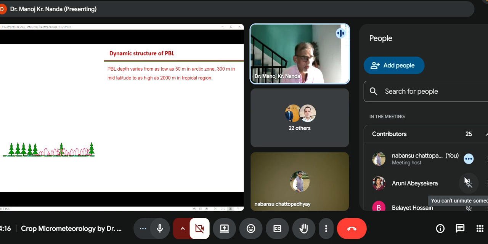This is my surface, a rough surface. Now during daytime there is heating due to terrestrial radiation, the atmosphere becomes unstable and the convective boundary layer starts to develop. See this layer, this middle one, is my target layer. Here there is heating and this layer increases in depth.